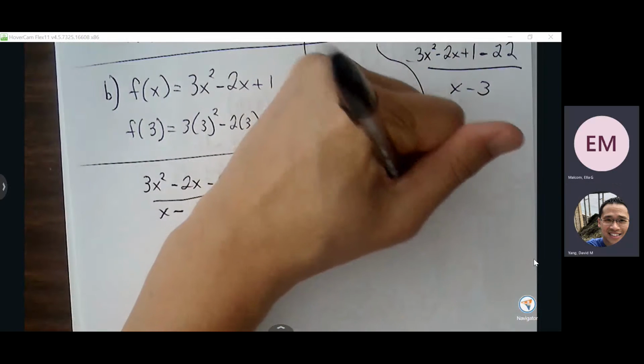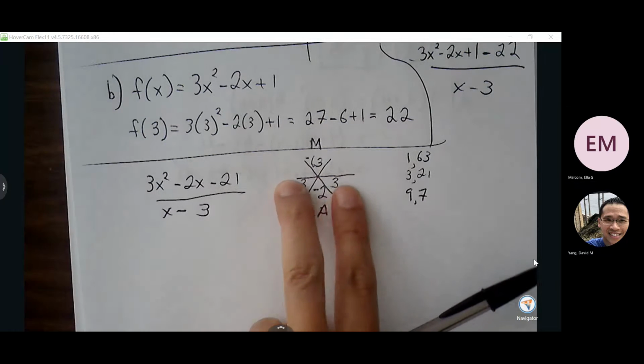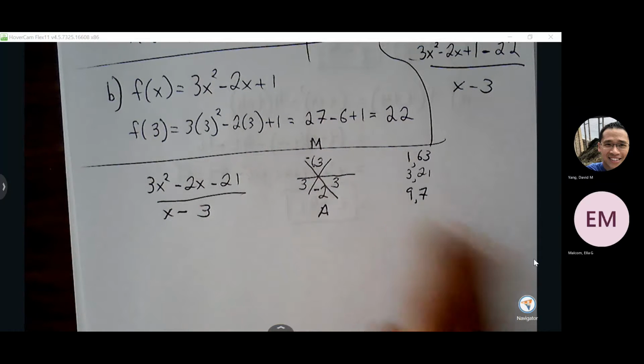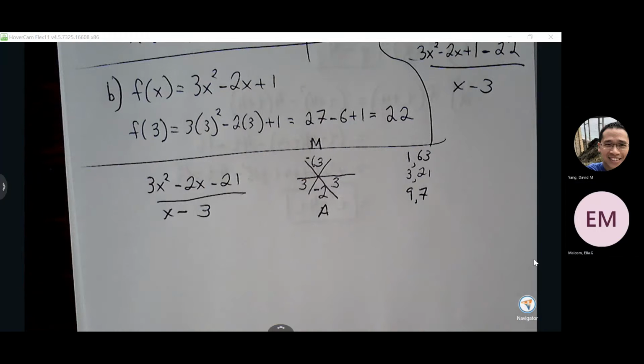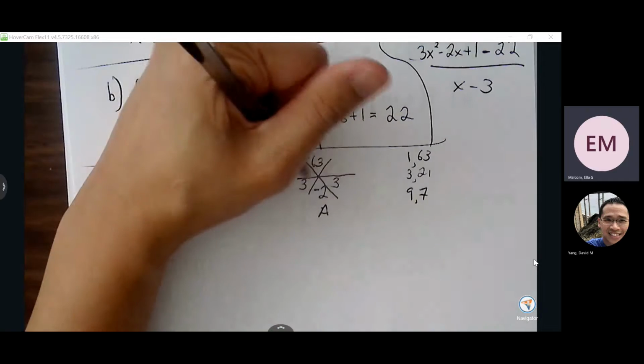Okay, let's try that. And that could work for negative 2. So what are the signs going to be? Negative 9 and positive 7.